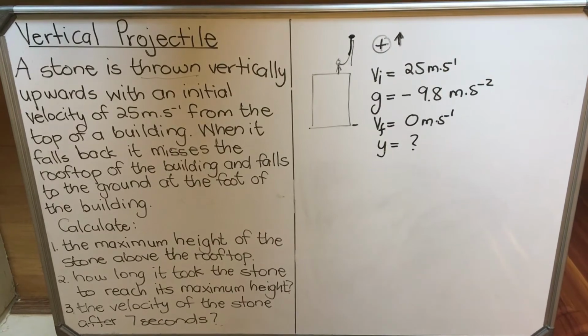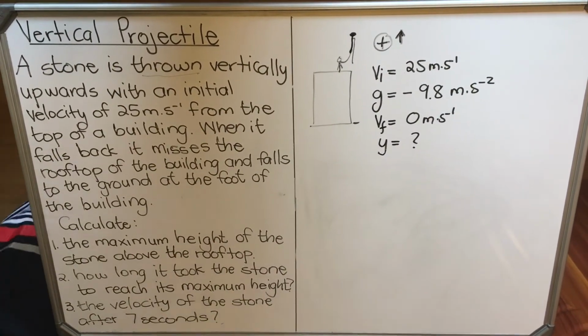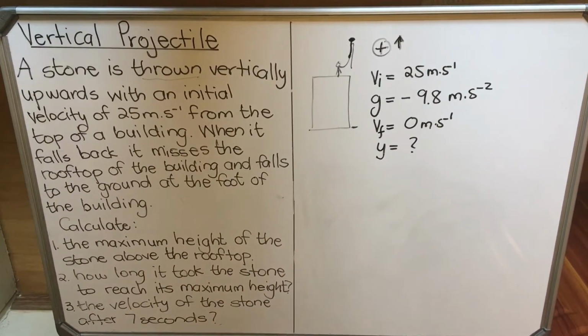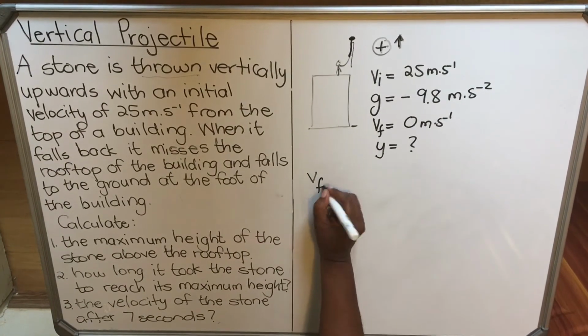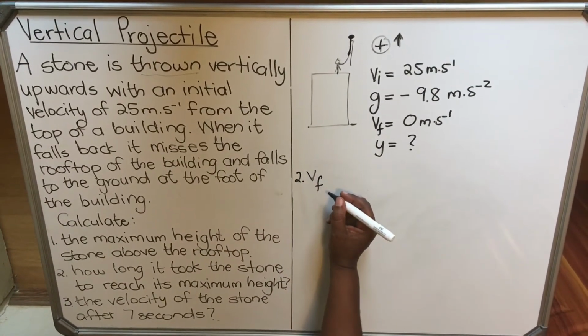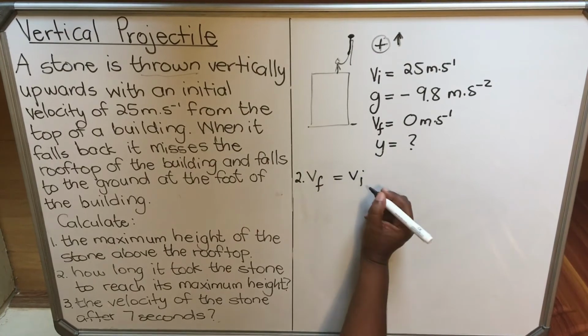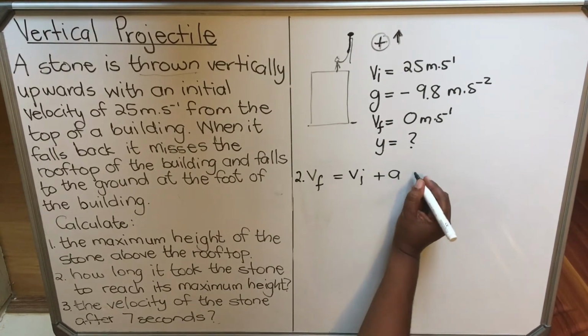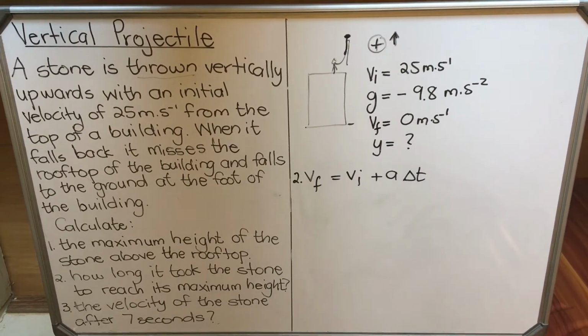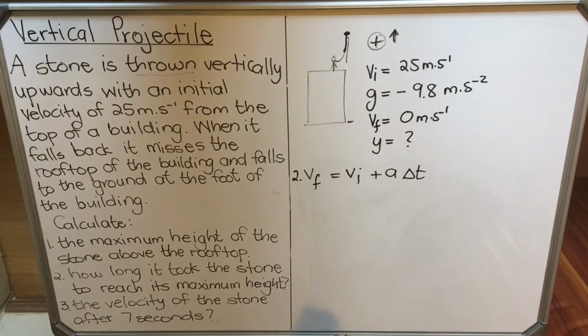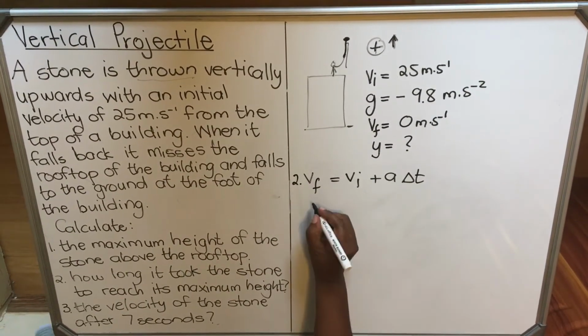So the formula that we use, let's find our formula sheet and check which formula I'm going to use. We're going to use the final velocity formula, this is number 2: final velocity is equal to initial velocity plus acceleration times change in time. Please, very important, leave the formula as it is. Substitute in the formula.